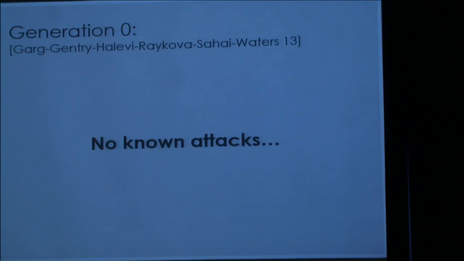This was the state of affairs in the weeks after, and this is still going on. But today we're going to focus on getting some provable security for these constructions. So we'll focus on reducing the security of the obfuscation to the security of the multilinear maps.